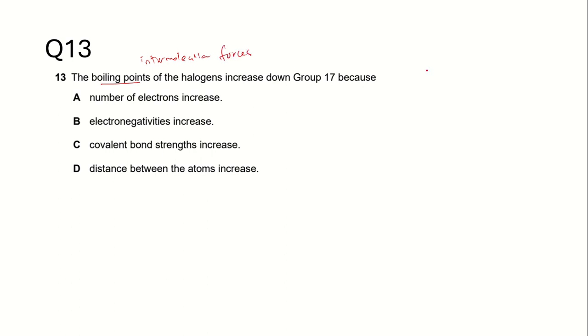Group 17 halogens are all diatomic molecules, Cl2, Br2, I2. So going down the group, they all have more and more electrons, and an increasing number of electrons will contribute to stronger ID forces.